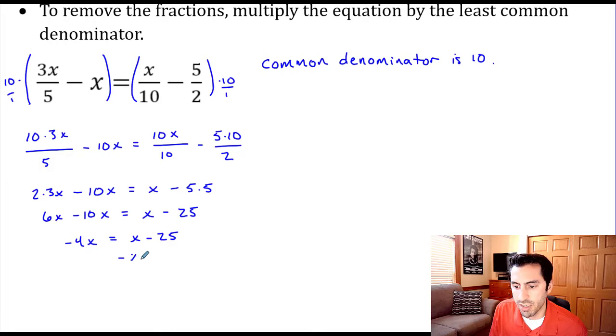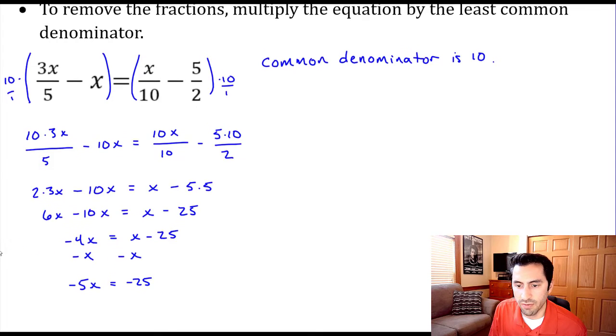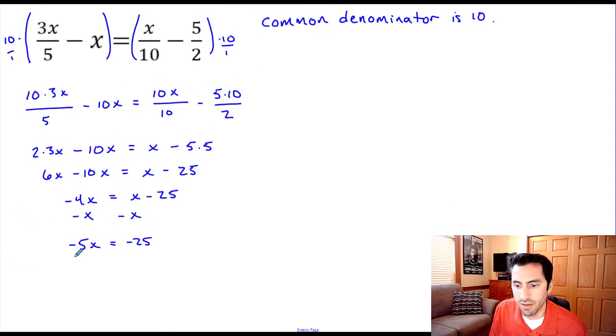Then I'm going to subtract x from both sides to group up my variable terms. So minus 5x is equal to negative 25. And to finish this up, if I divide by negative 5, I get an x value of positive 5. And there's our answer.